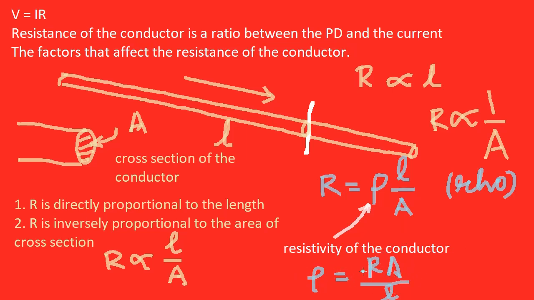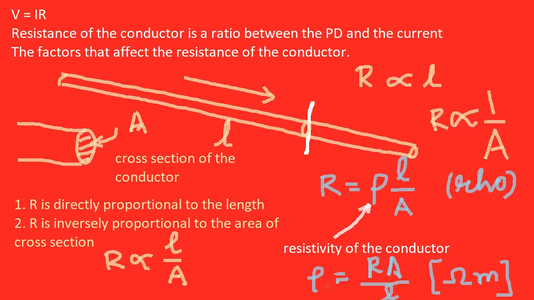The SI unit of resistance is ohm, the SI unit of area is meter squared, and the SI unit of length is meter. So we have ohm meter squared by meter, so one meter gets cancelled from numerator and denominator, and we have the SI unit of resistivity as ohm meter. That is something you should remember, and it is very useful for numericals.